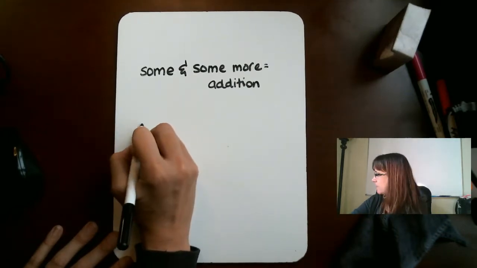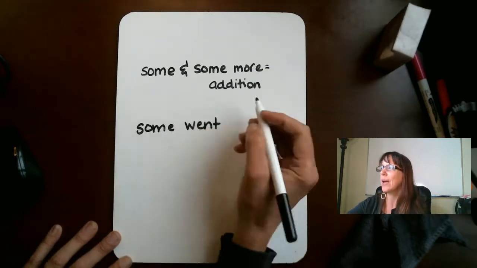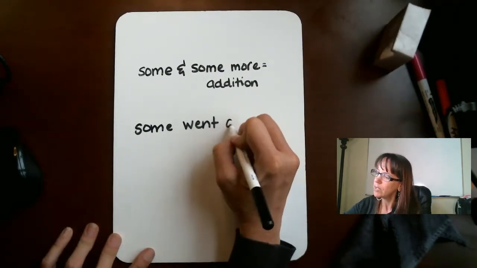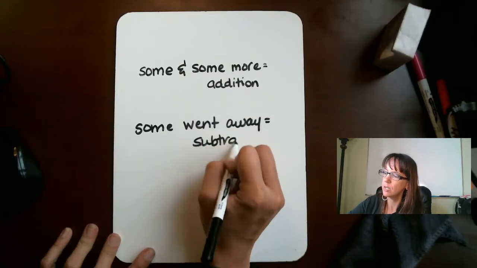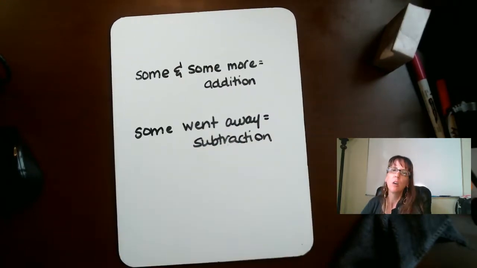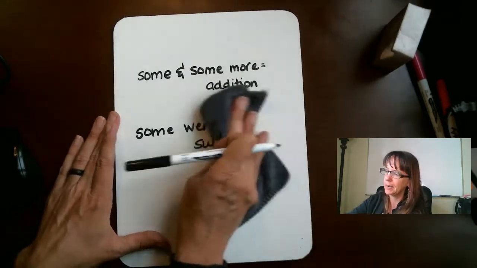Now, the some went away problem. So you have some and then some went away and that's what you have left. Some went away equals subtraction. Make sure you have those notes written down, star them, flag them, so that if you need them, you can reference that information, okay?